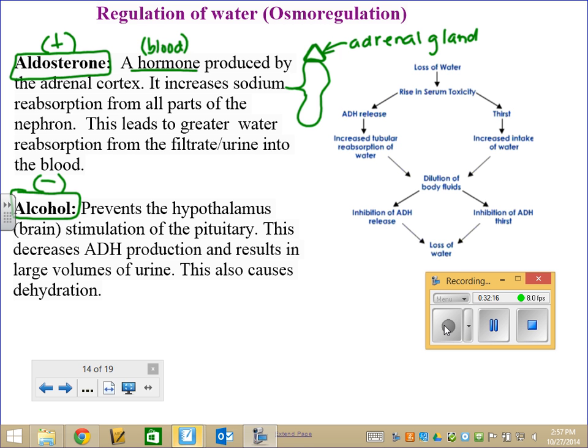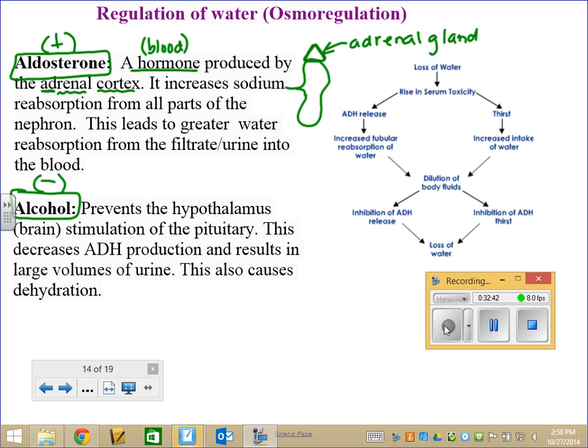And the adrenal cortex is the outside of that gland. So the ad means adjacent to. Renal always means kidney. Cortex means bark. So your adrenal cortex is the outside of the structure right next to your kidney. That's what the word means.